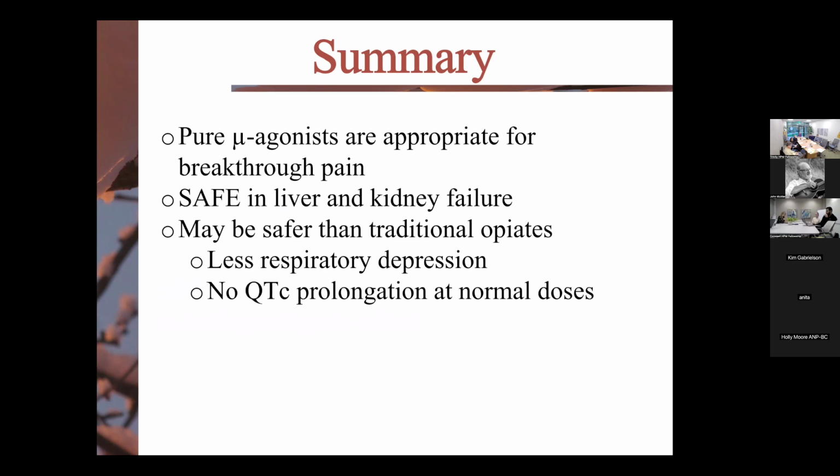It is appropriate to use pure mu agonists for breakthrough pain. It is safe in liver and kidney failure and can be safer than traditional opiates, with relatively less respiratory depression and little risk of QT prolongation at the normal doses we're giving. So with that, I will open it up to questions.